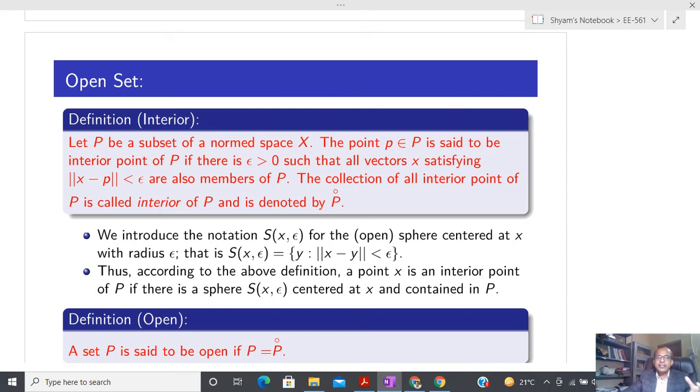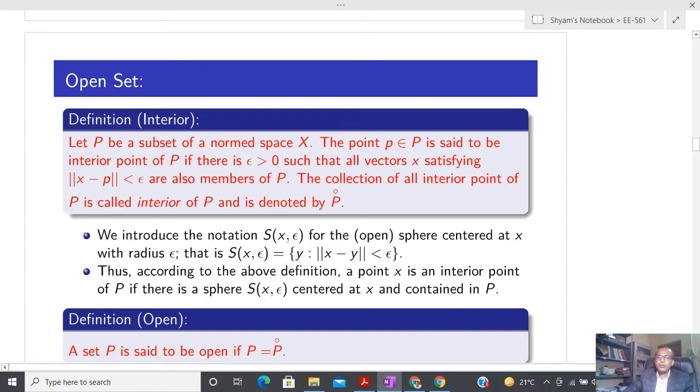We have to understand what is the meaning of open set, closed set, convergence, and what it means to say that something lies inside an open set or does not. It is possible to show with the help of the norm or normed space. I can define that kind of concept.